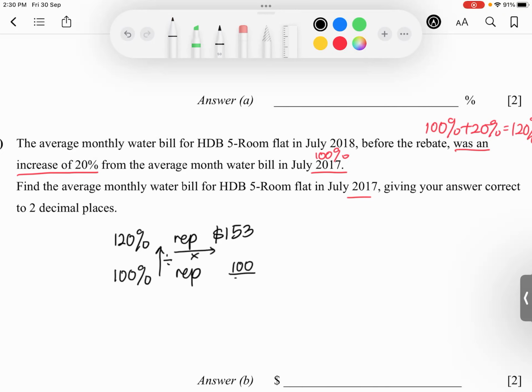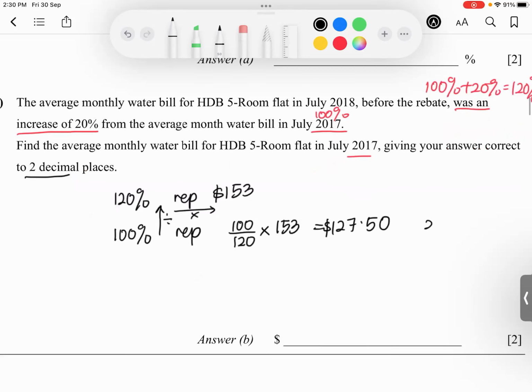So 100 over 120 times 153. My answer is 127.5. Money, 2 decimal places, $ and cents, 2 DP.